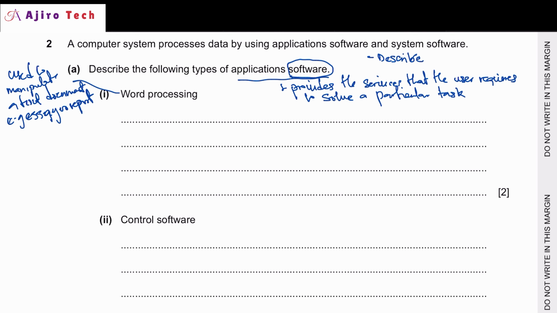All right. So we can now say that for word processing, it allows creating, editing, and manipulating text.